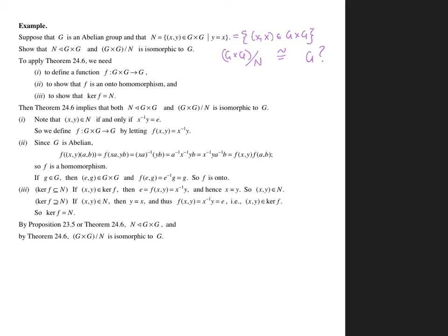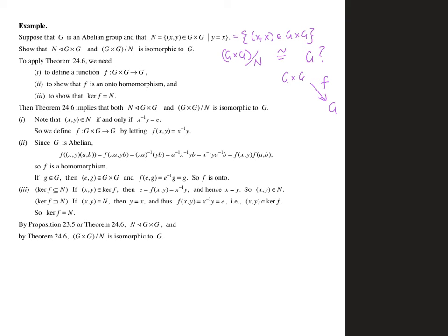We could try to do this directly by actually setting up a function and trying to show that that function is an isomorphism, but that turns out to be a really hard problem in general. Instead, what we can do is set up a function from G cross G to G. That's going to be our function f.